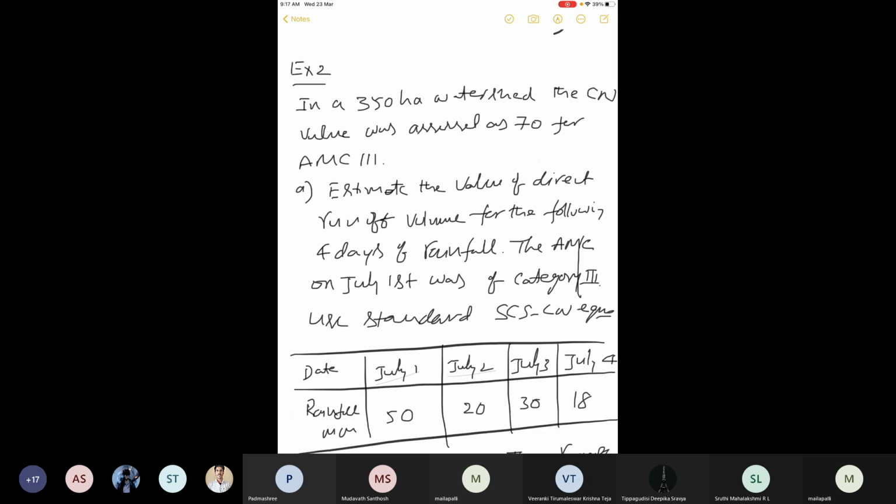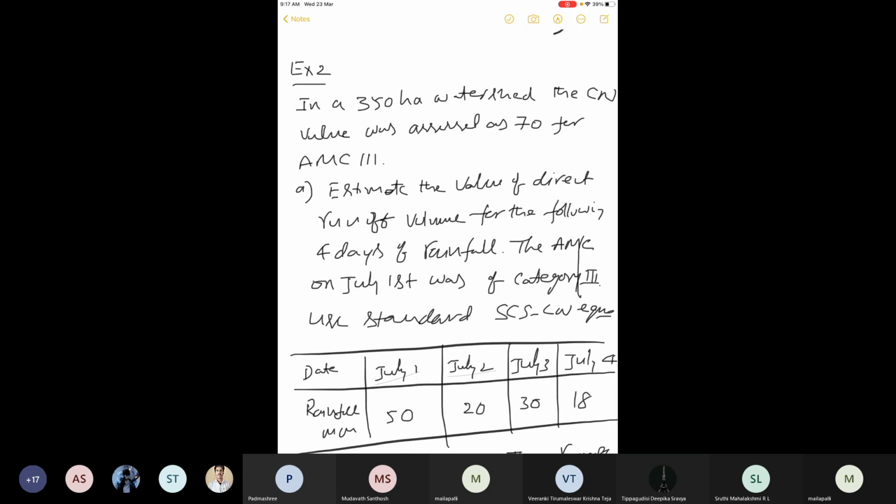Okay, welcome back. In this example 2, in a 350 hectare watershed, the curve number value was assumed as 70 for antecedent moisture content 3. This is the group based on antecedent moisture content. The question is to estimate the direct runoff volume for the following 4 days of rainfall.